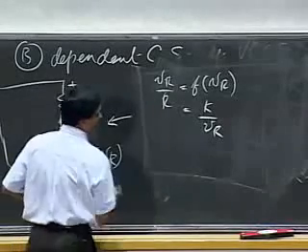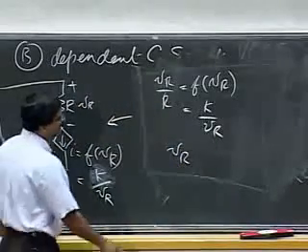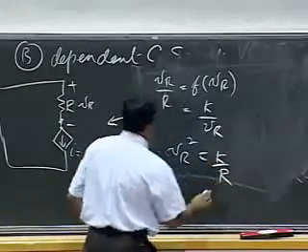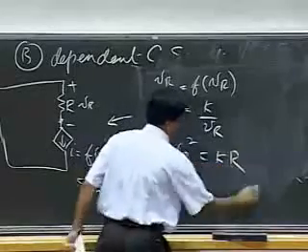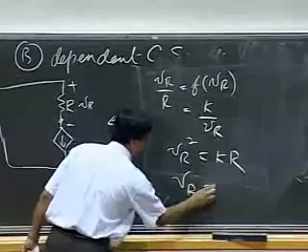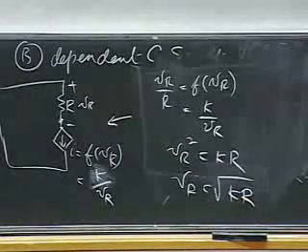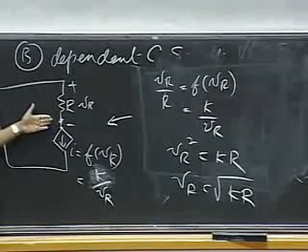So then I collect VRs on the left-hand side, and I get VR squared is K times R. Okay, and VR is simply square root of K R. There you go. I'm done. Okay, I've gone ahead and applied the node method to this.